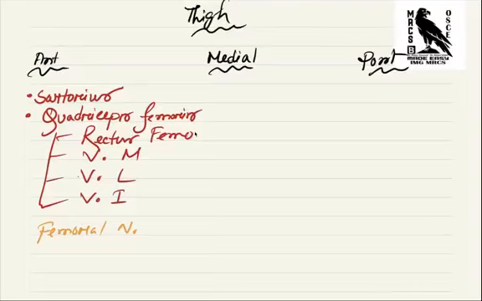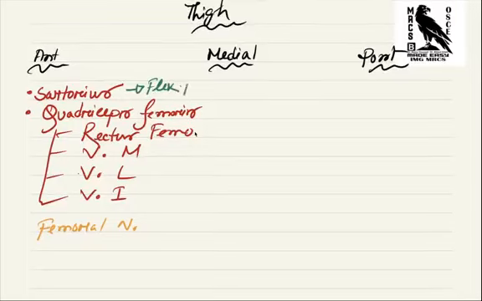What are the actions of those muscles? So extension of the knee. First of all, let's talk about the sartorius. The sartorius will cause mainly the flexion of the hip joint.